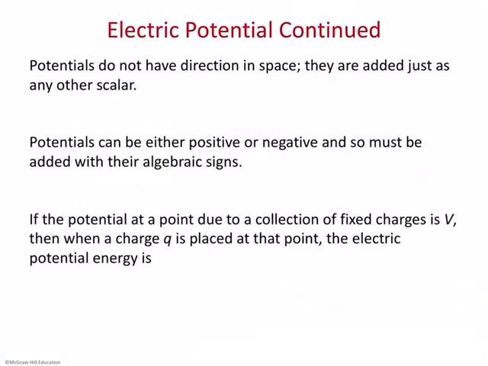All right, so potentials do not have direction in space. They're just added just like any other scalar, and can be either positive or negative, and so must be added with their signs. And so the equation for potential energy for electricity is, we had one before that involves K, right? And it also involves the distance.